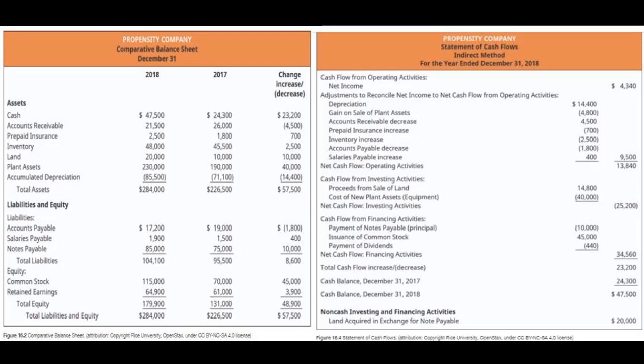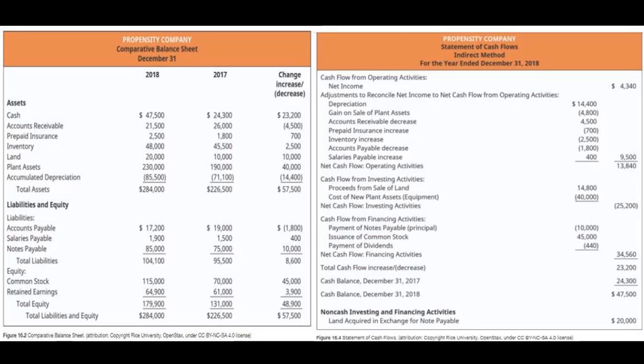Sure it is. In the same cash flow from financing activities section, right below the $10,000 note payable number that we just discussed, there is the $45,000 cash inflow, issuance of common stock to a new stockholder.